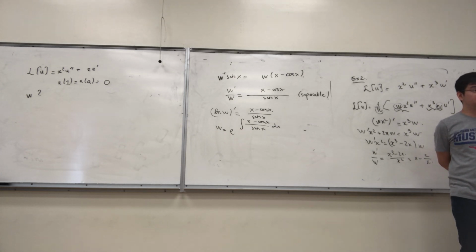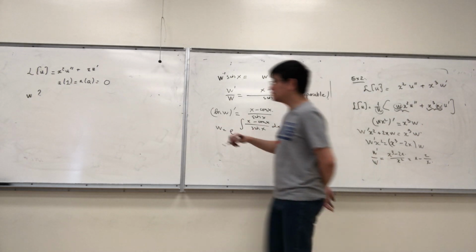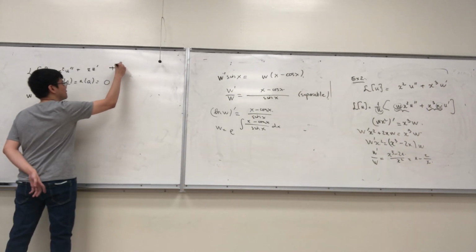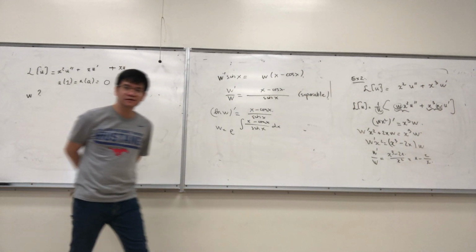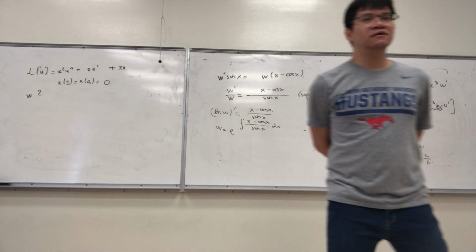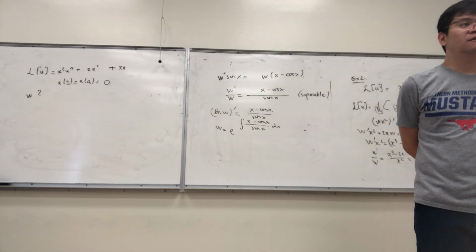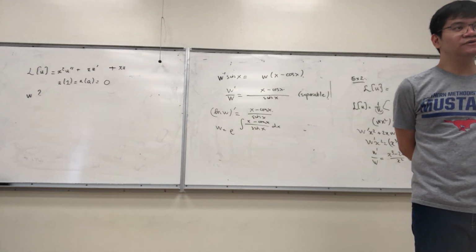y, 1 over x minus 1 over x, like in the previous one. You just don't care. Suppose that I have x u. So what is the w for this? What is the w in this case?